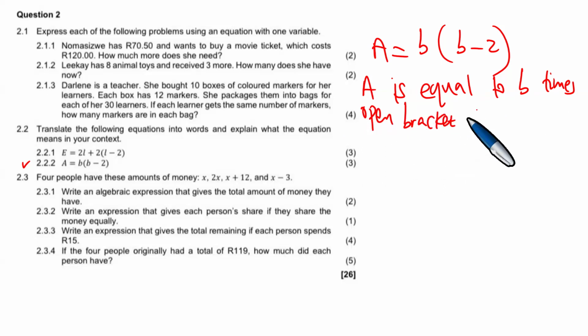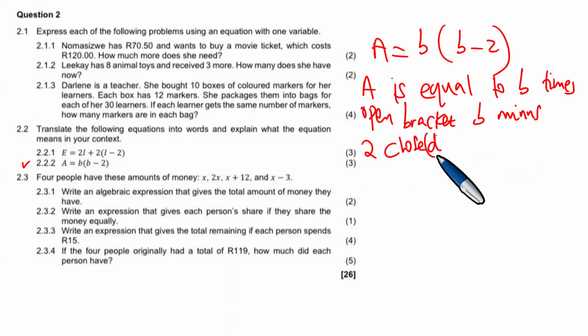A is equal to B times open bracket B minus 2 closed bracket.